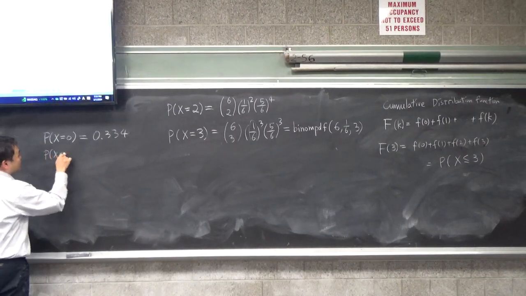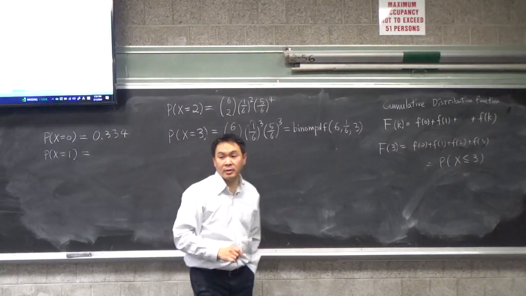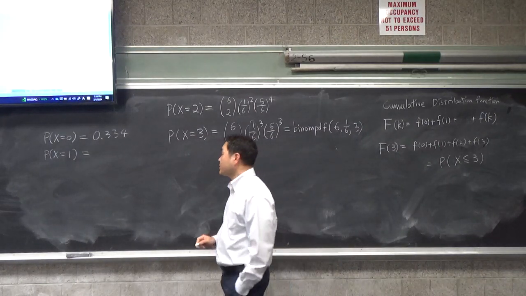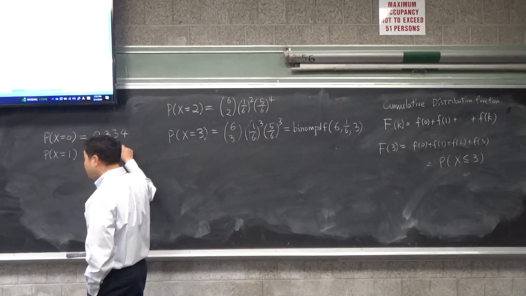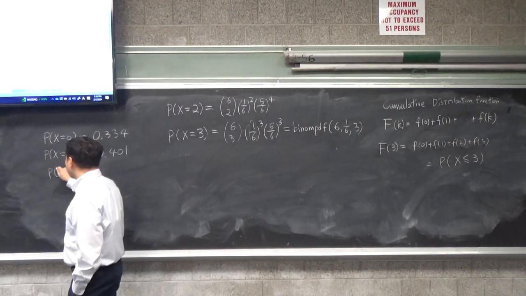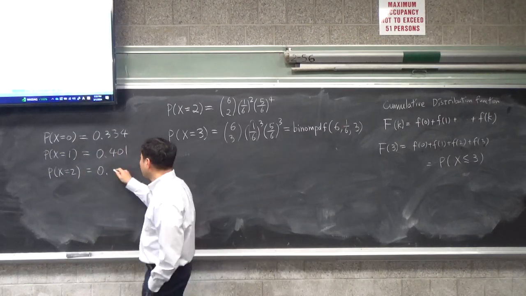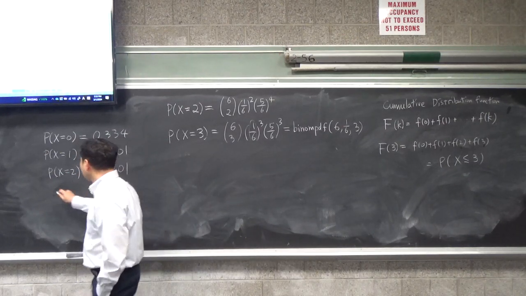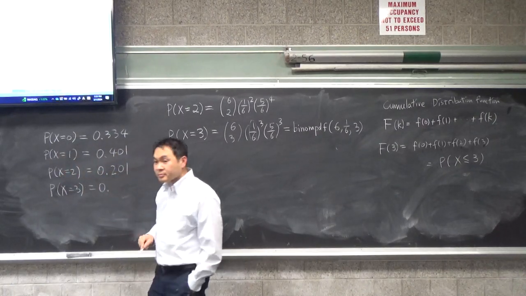P of x equals 1. What do you get? 0.401. Okay, P of x equals 2. 0.201. Okay. P of x equals 3. 0.053.